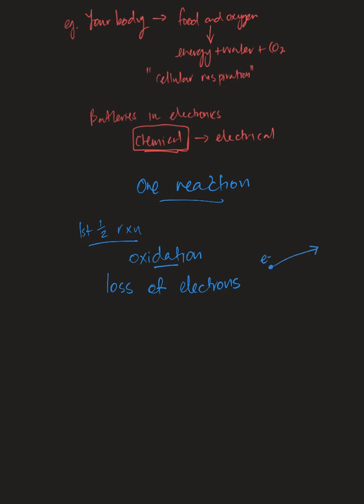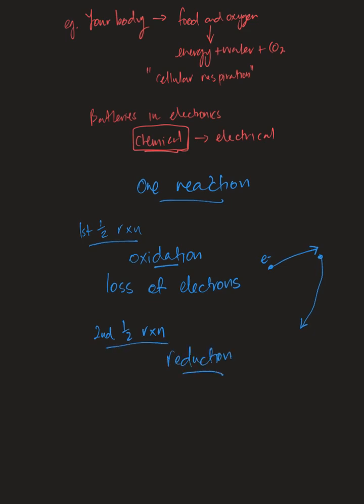That means that on the other side, in order for something to lose an electron, there must be something that gains that electron. So that's your second half. Your second half reaction is called reduction.